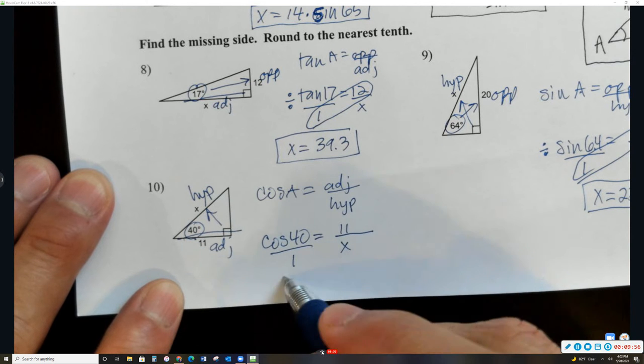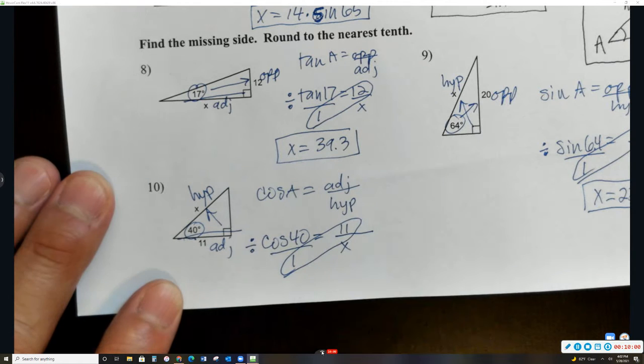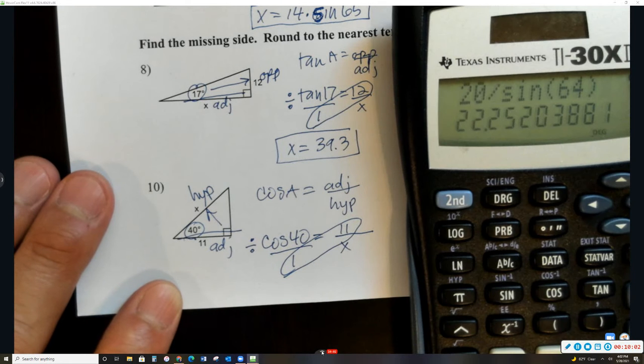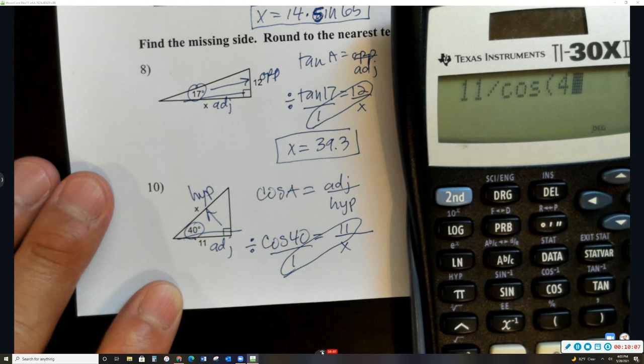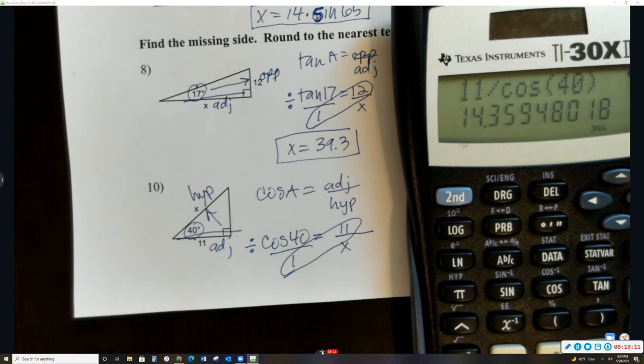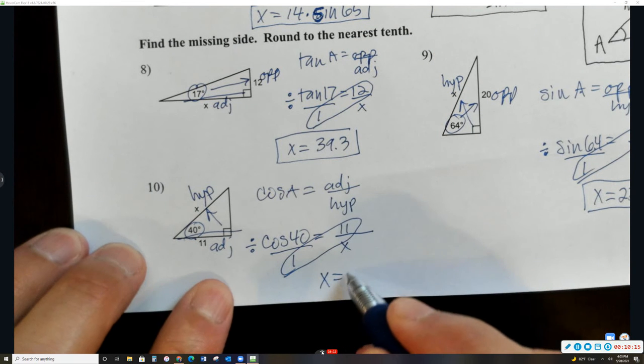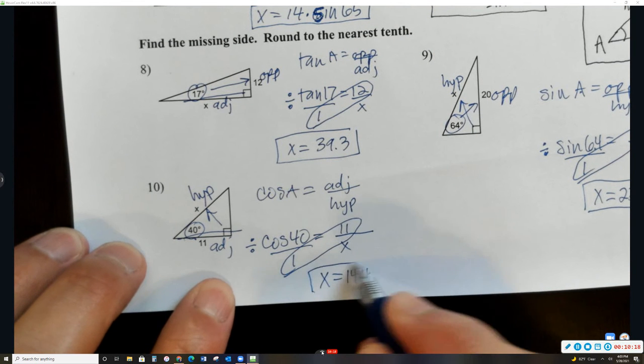Put that over 1. Cross multiply and divide. That one looks like this: 11 divided by cosine 40. 14.4. Pause this, rewind it, copy it, get it.